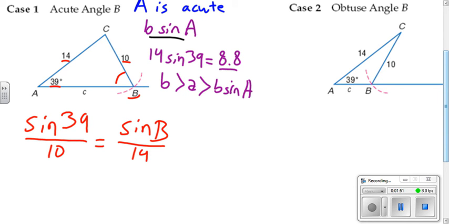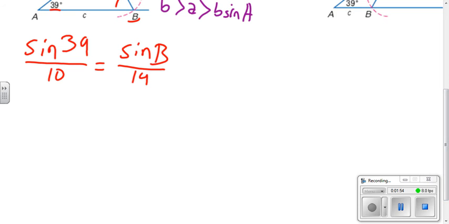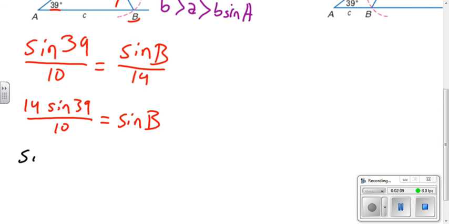Now to solve for B, get B alone, we can multiply 14 to the other side, so 14 times sine 39 all over 10 equals sine of B. And again, like before, to get rid of that sine, we need to take the arc sine of both sides. So arc sine of 14 sine 39 over 10 equals, if we took the arc sine of sine B, that would just leave us with B.